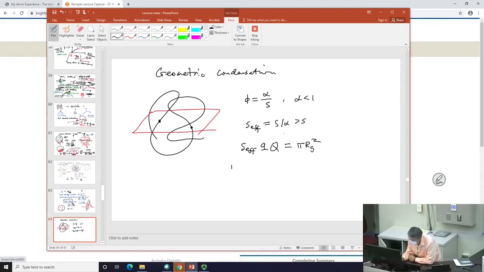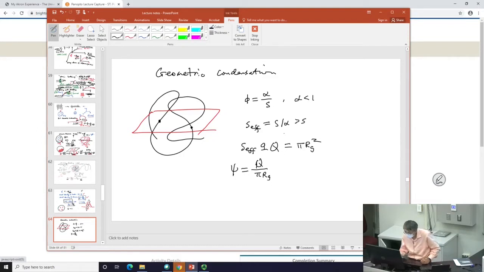And since we have defined the number of strands per unit area, the number of chains passing through the area per unit, let me rephrase it.